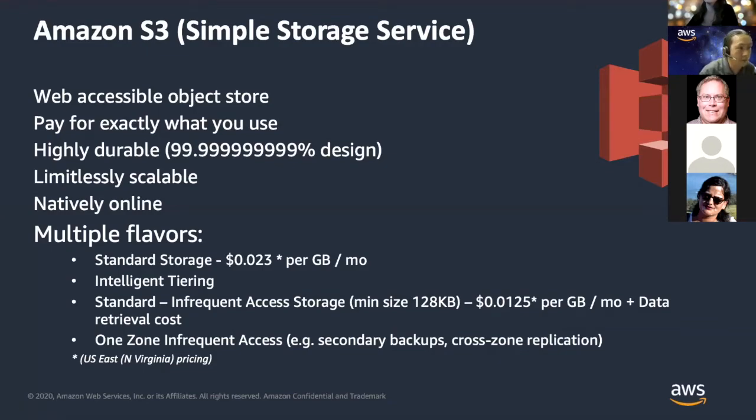And Amazon S3 is our Simple Storage Service, right? It's a web accessible object store. In fact, it's where we stored the lab guides. It's got 11 nines of durability, which means there's 99.999999999 durability, but there will always be a chance that an object will be lost. It scales infinitely, and it comes in lots of different flavors.